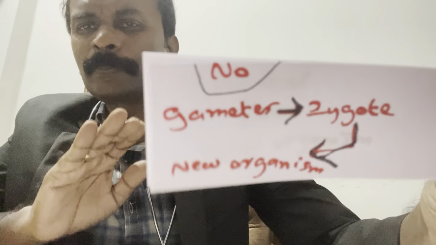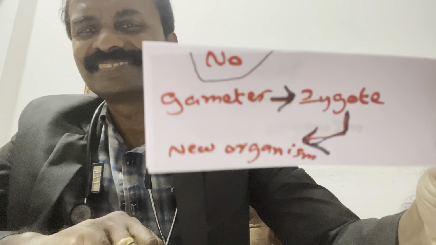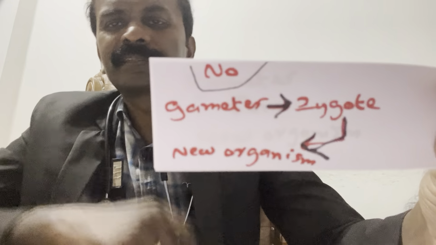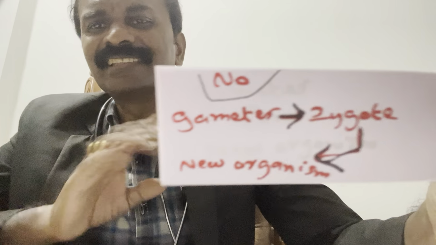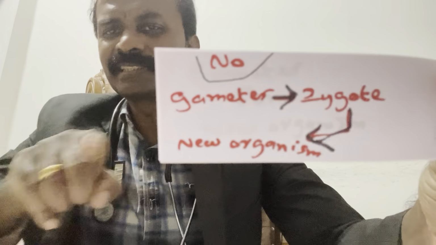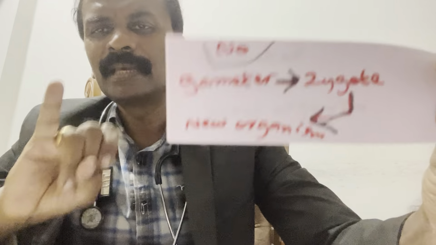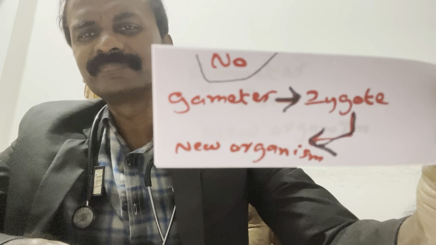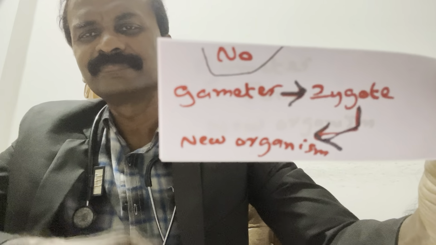If you know these basic points, you can answer so many questions. They'll ask, new organism is formed from gamete. That time you must answer false. But you must know this cycle, okay? Gametes, zygote, then new organism. Made it very clear.